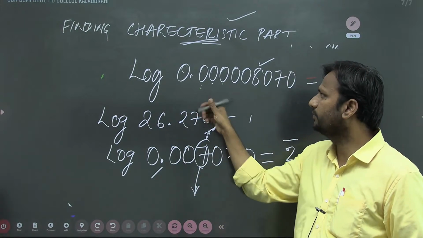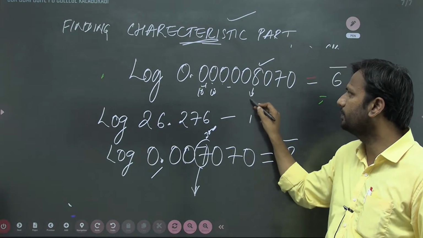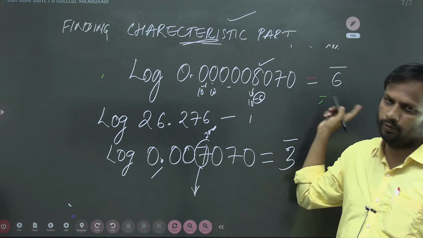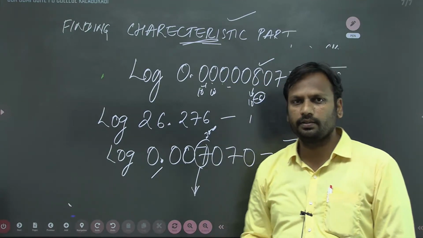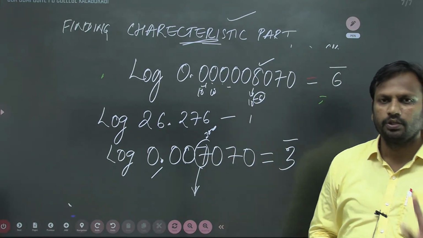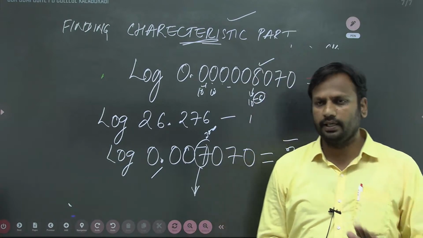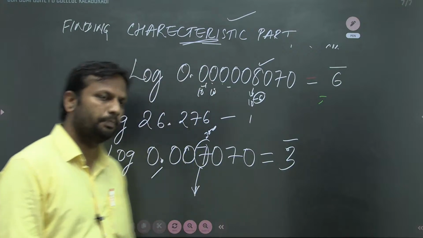It is in the position of 10 raised to minus 1, minus 2, minus 3, minus 4. Here it is in the position of 10 raised to minus 6. That's why we should write it this way, 6 bar. Instead of writing minus 6, we should write 6 bar there. Got it? I told you the reason. So you now know how to find the characteristic part of a logarithm. Now, if you look at all these things, you can find out the characteristic parts, friends.